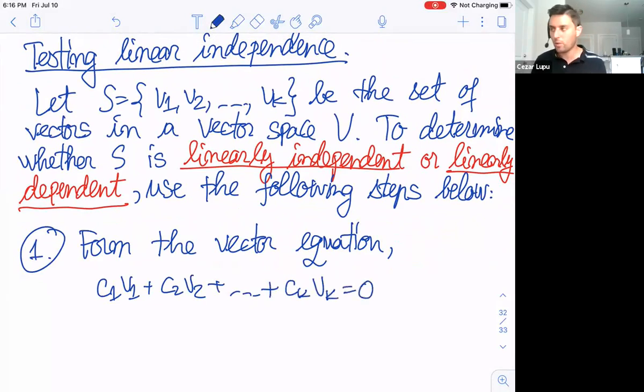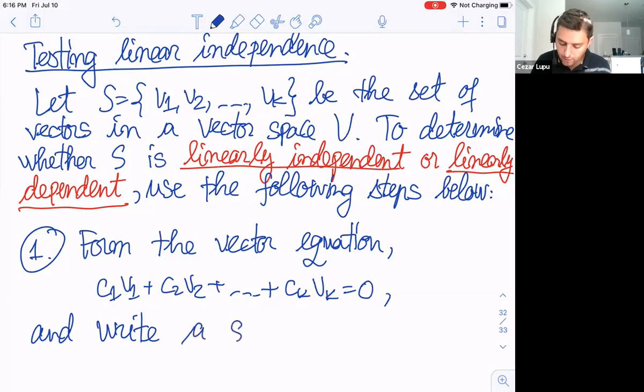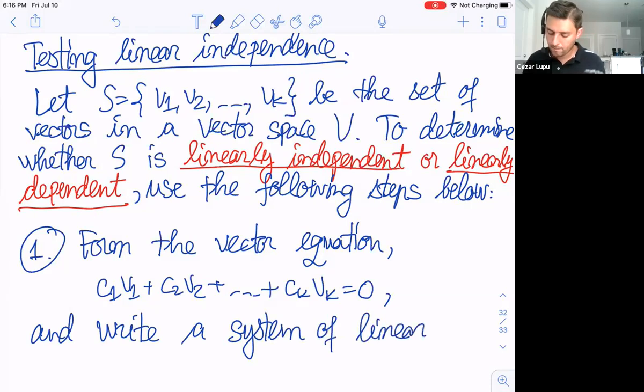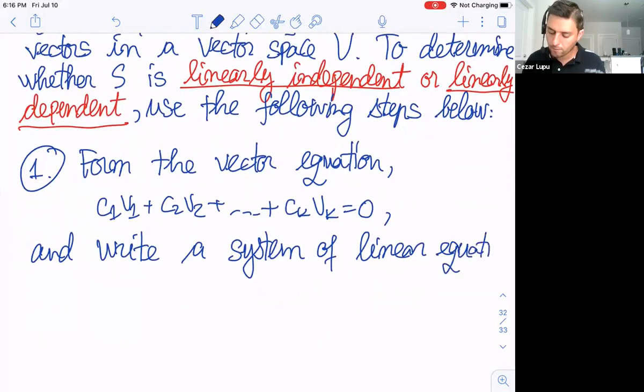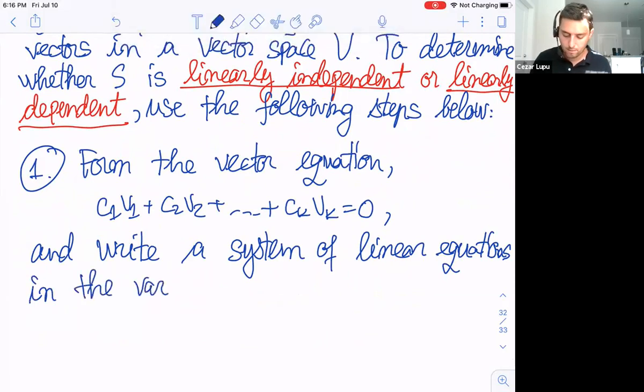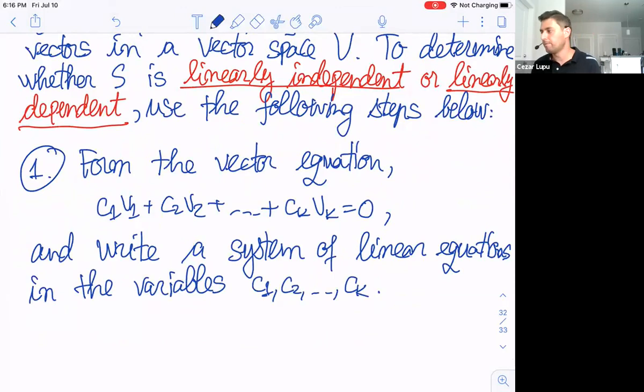So we're going to form this vector equation, and after we form this, write a system of linear equations in the variables C1, C2, CK. So this is what we did.